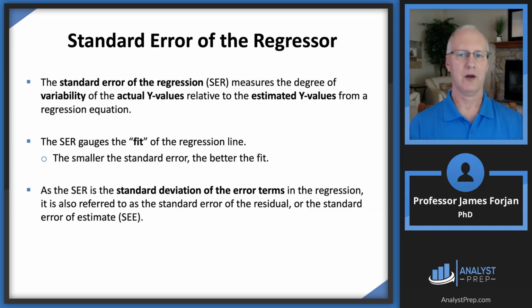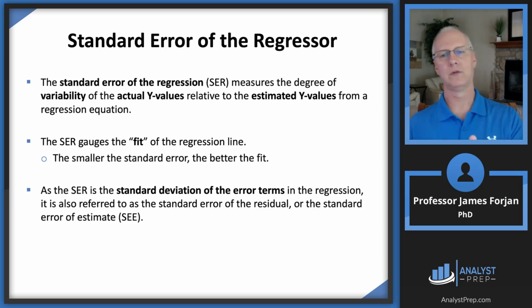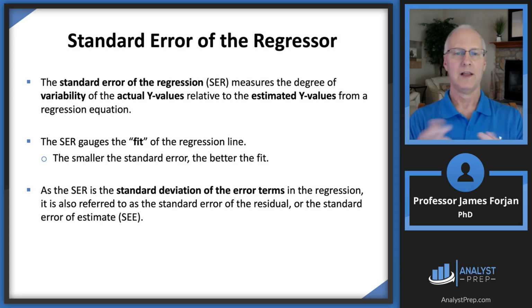The standard error of the regression measures the degree of variability of the actual y variables. Think about those variables back in our student-teacher ratio to exam performance example. It measures the variability between the actual values and the estimated y values. So if the R squared is 100% and the correlation is 1, then that must mean that we have a perfect model, which of course we never do.